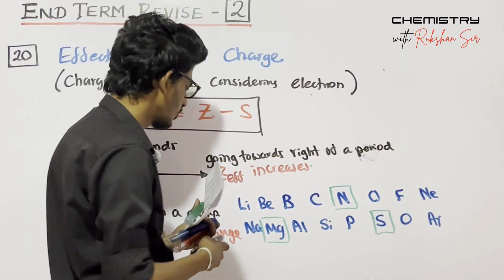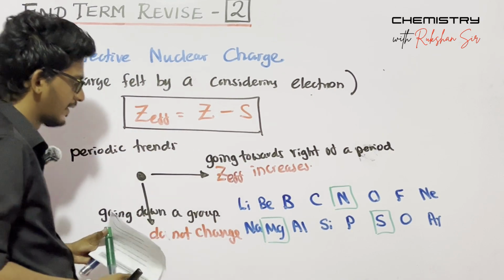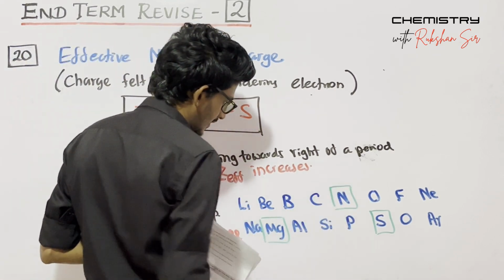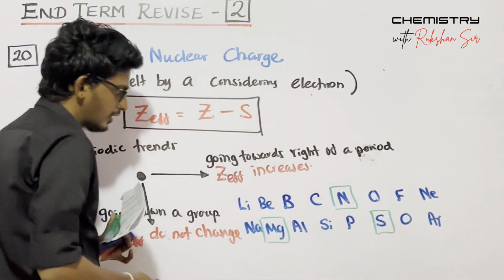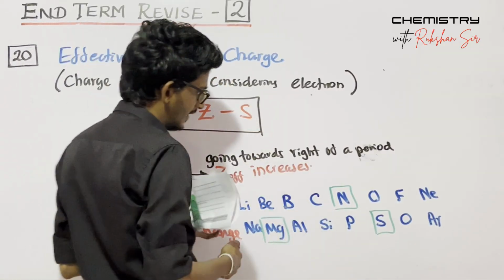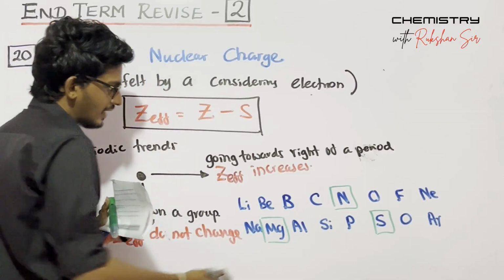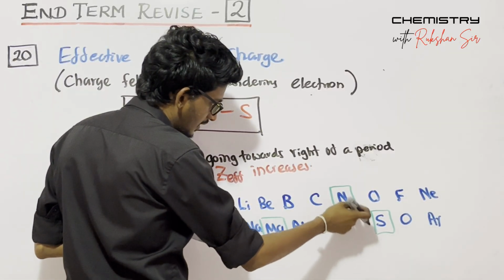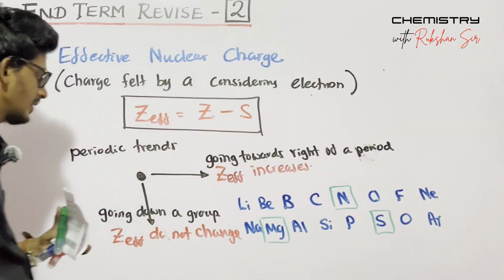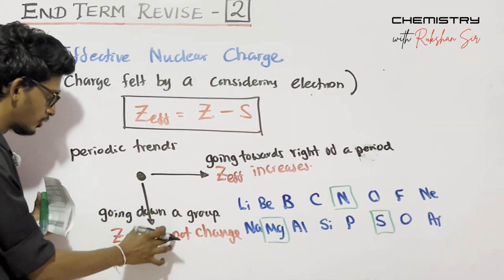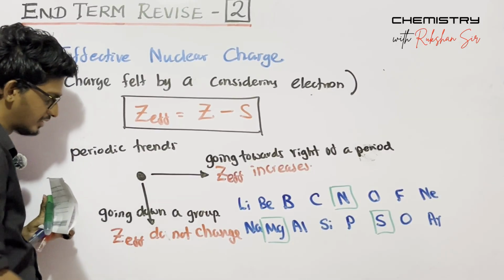Okay. So basically, you can take nitrogen to the third row, as nitrogen and phosphorus have the same effective charges. As going down the group, the effective charge does not change.